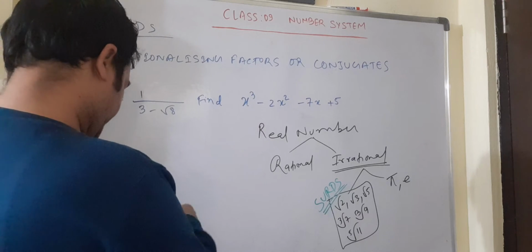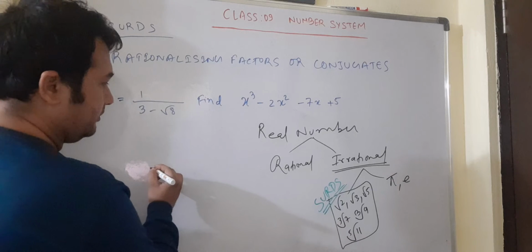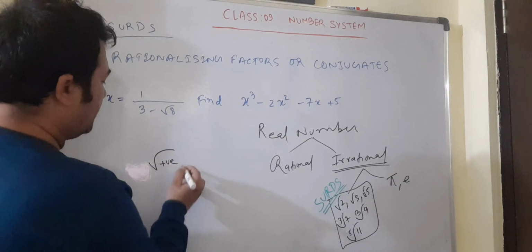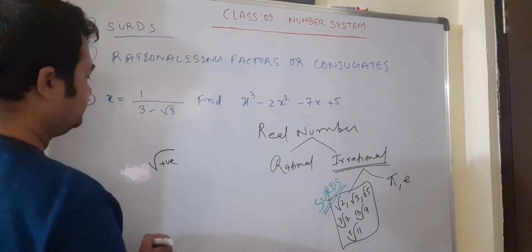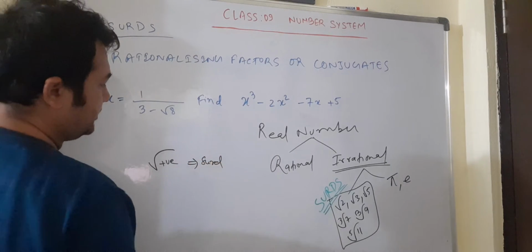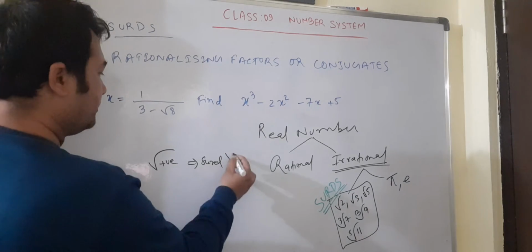Now, if we have a positive number inside a root, is it compulsorily a surd? No, it is not true.